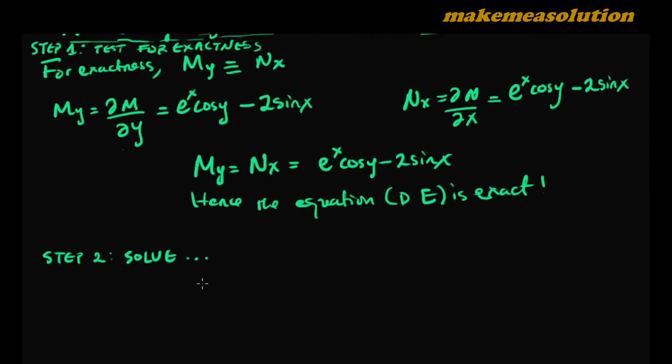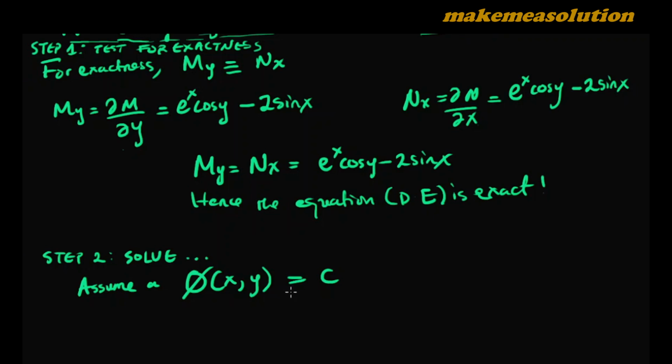So how do we solve for the particular solution? This is how you go about it. To solve for the particular solution, we are going to assume a multivariable function phi of x comma y equal to c. So phi of x comma y is a multivariable function that will contain our general solution, and it is equal to c, which is an arbitrary constant.